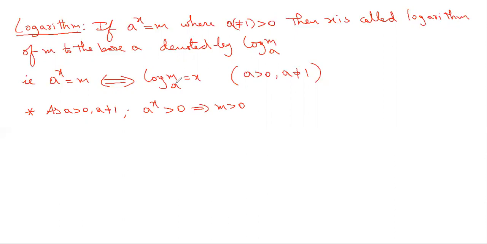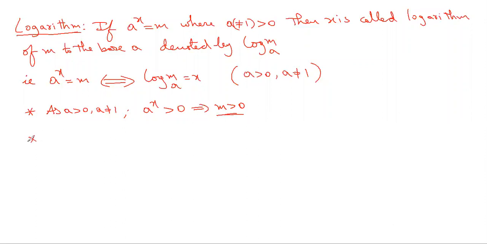As we already learned in relations and functions, we have the domain conditions, right? That domain-range concept is not going to end in relations and functions. As we learn a new function, a new concept, for that particular function we need to learn the domain and range also. So m greater than 0.